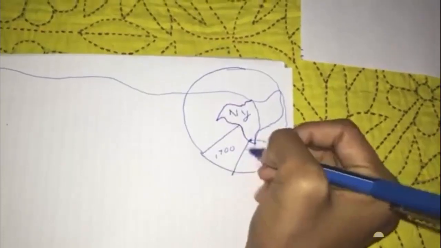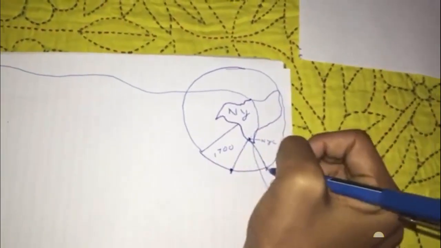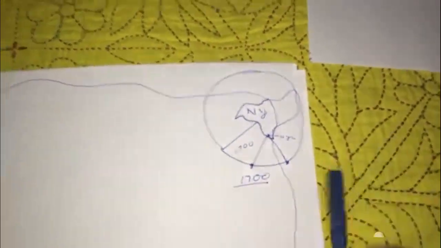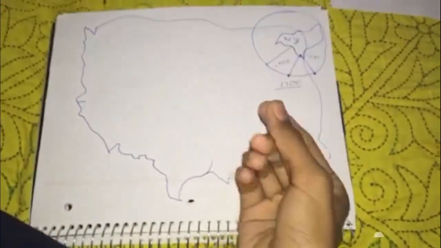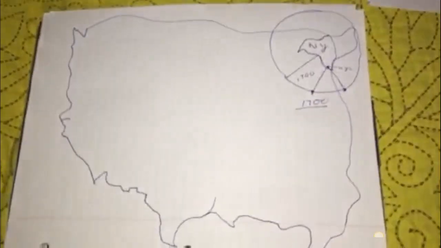So it could have originated here, it could have originated here, anywhere 1700 miles from the city. So it has infinite number of starting points, and that is how we find the distance, the epicenter of an earthquake.